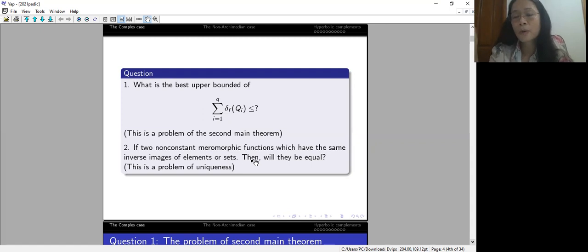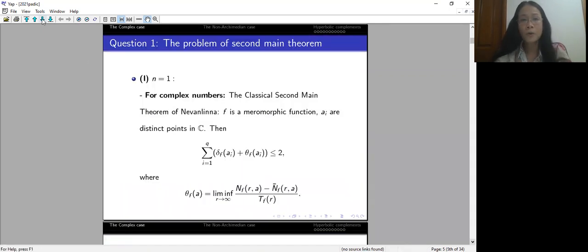So you can see if we have one polynomial, we only need to know the image set of only one point. So what happens when we consider a meromorphic function? Nevanlinna theory says that if we know the inverse images of 5 distinct points, then it determines uniqueness.